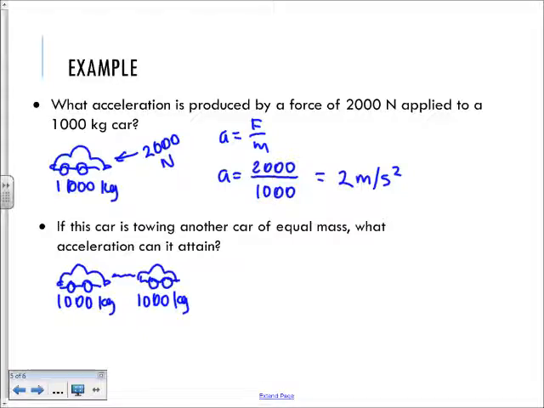So we've doubled the mass. The same force of 2,000 newtons is there. Acceleration is force divided by mass. So it's 2,000 divided by 2,000, which is 1 meter per second squared. Now, does that make sense? If you double the mass, you cut the acceleration in half.